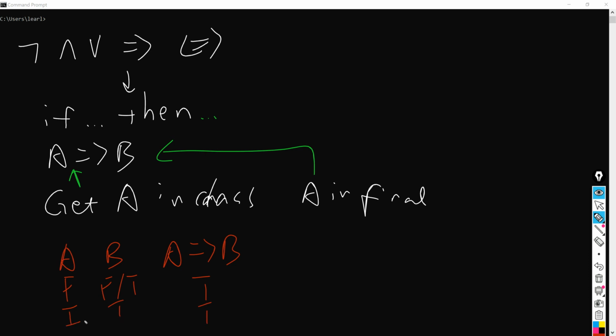If A is true and B is false, then this is false. So just pay attention to this kind of notation. This is a little bit tricky, and later when we talk about equivalence, this if-then sign is pretty important.